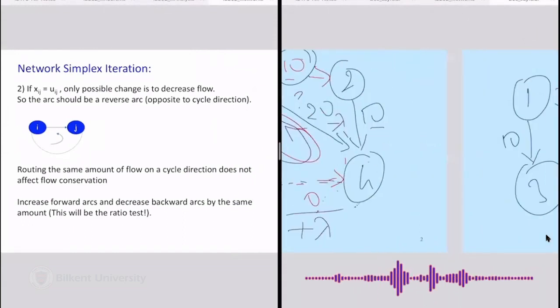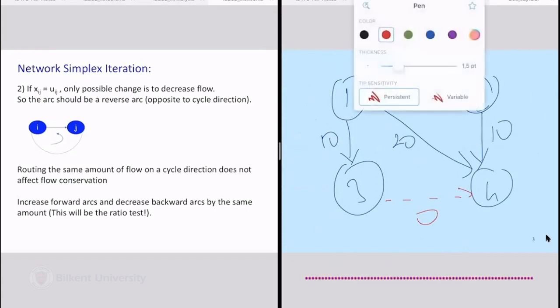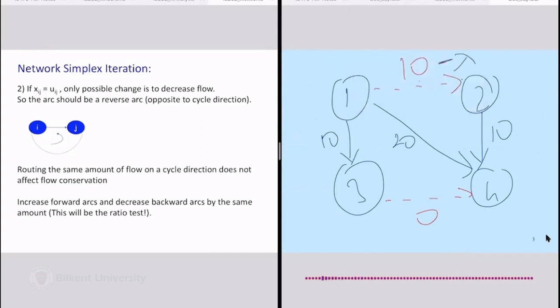Now, if the arc is in the upper bound, this one, this is 10. It's already sending 10 units. I cannot send more. That means I have to decrease the flow over there, so I have to do a minus delta there.